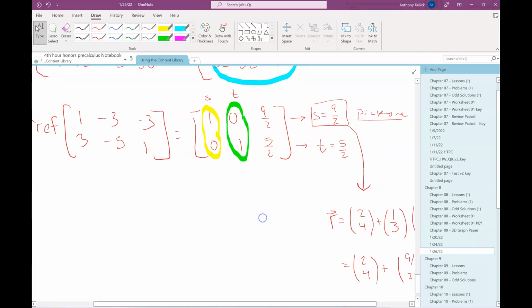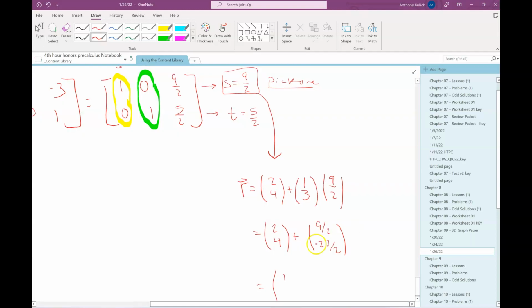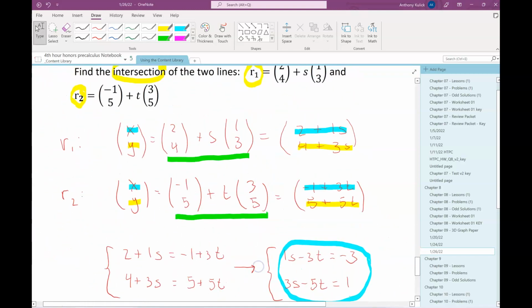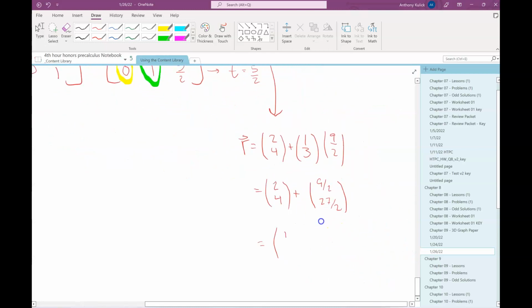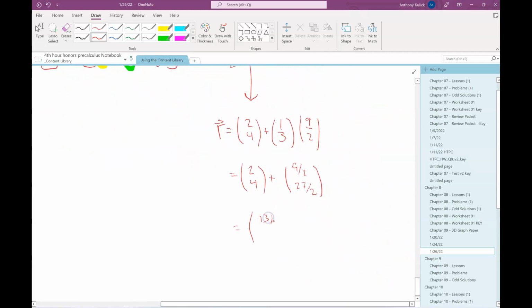Yeah, that's my one with the S in it. That's my point vector, which just becomes the point 13 over 2, 35 over 2.